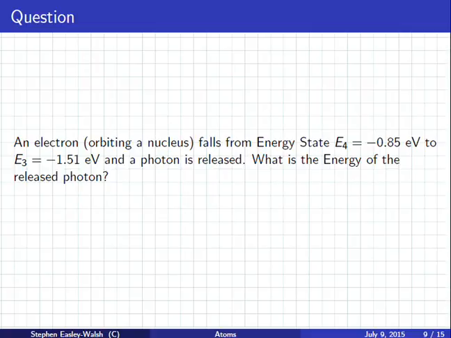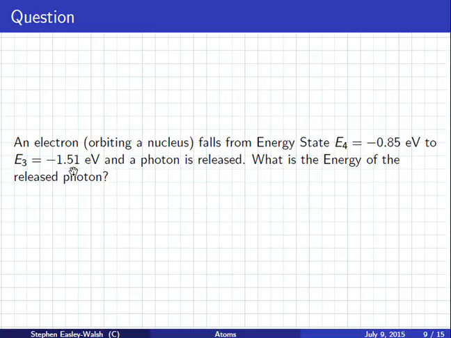Here's a very small example, just to make sure we're clear about what's happening. If an electron is in energy state 4 and it moves to energy state 3, and a photon is released, what is the energy of the photon? Well, it's simple. It's going to be the difference between this number and this number.